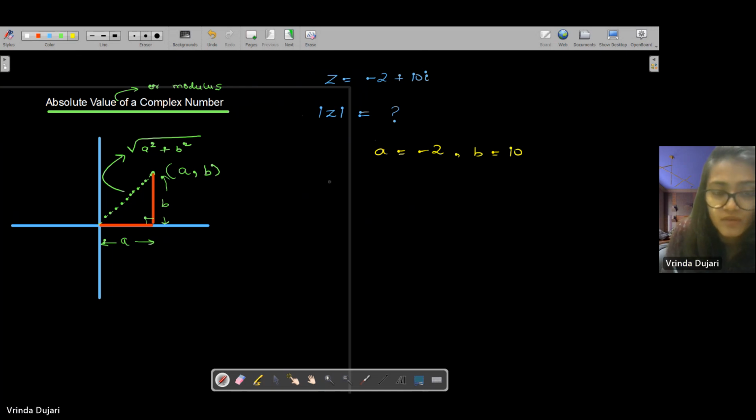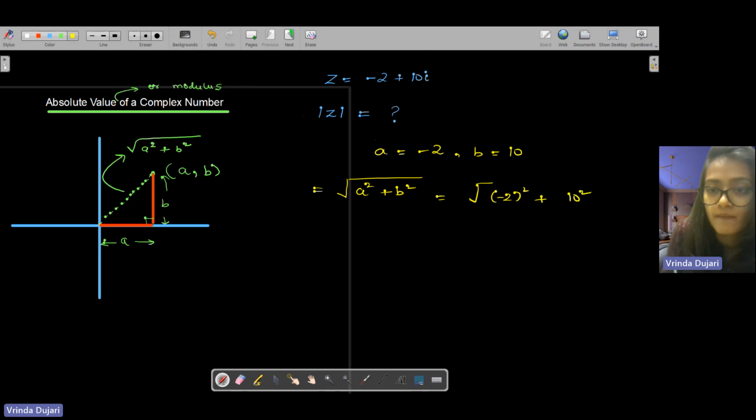So your absolute value is going to be square root of A square plus B square. That means square of -2 plus square of 10. So this is 4 plus 10 square is 100.